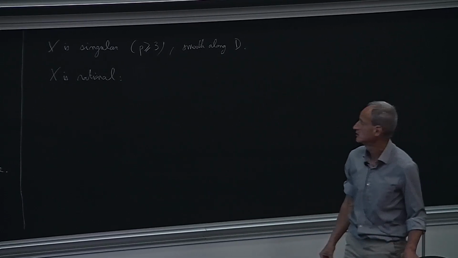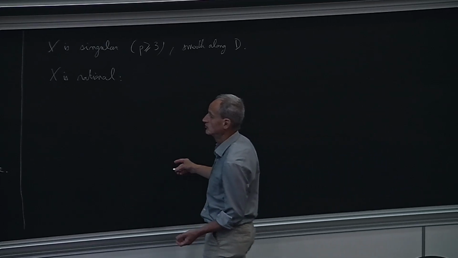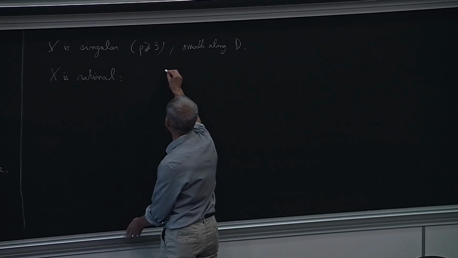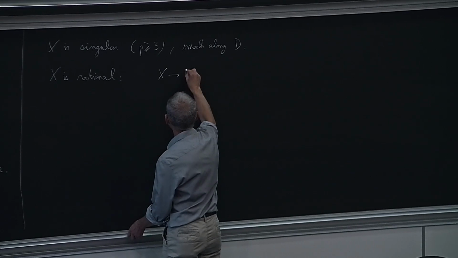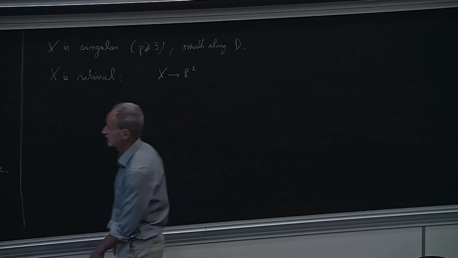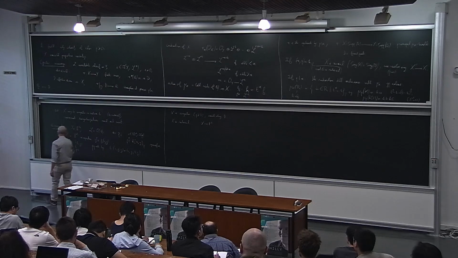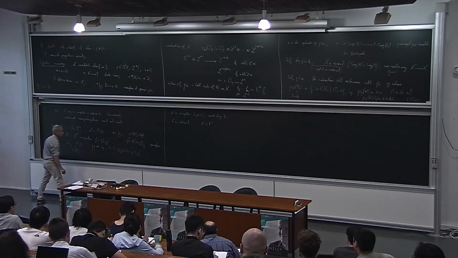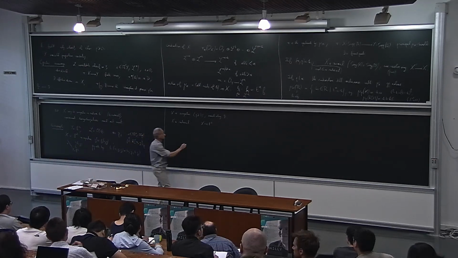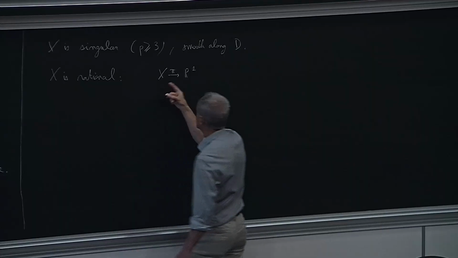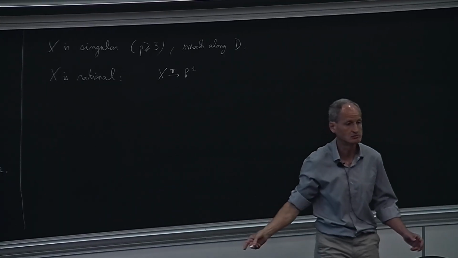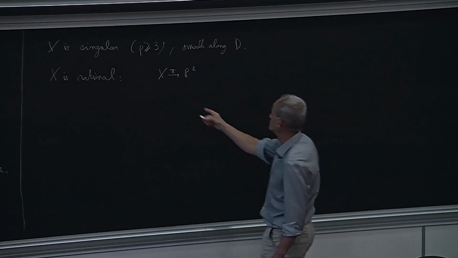So the way I see it is you consider this map here. And it's a purely inseparable morphism, so of degree p.